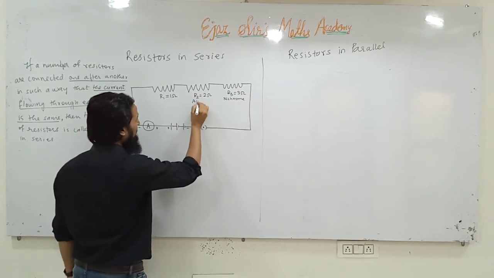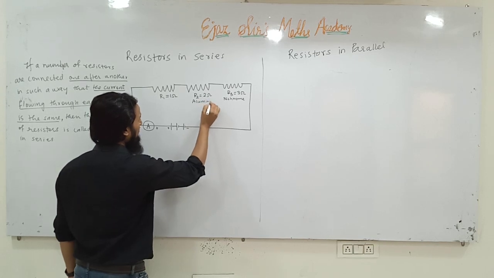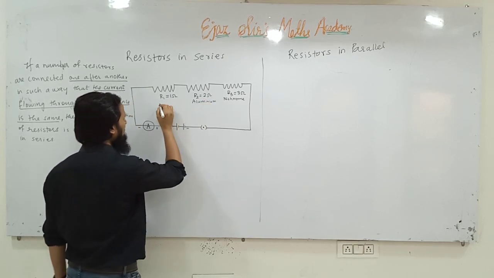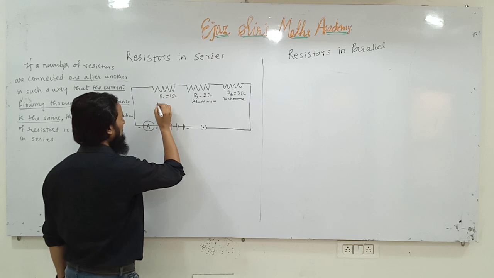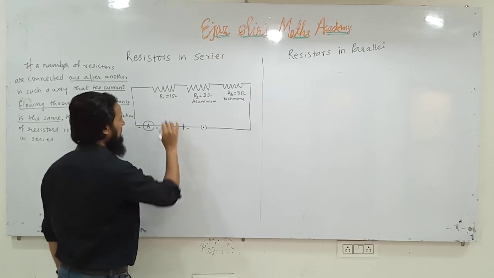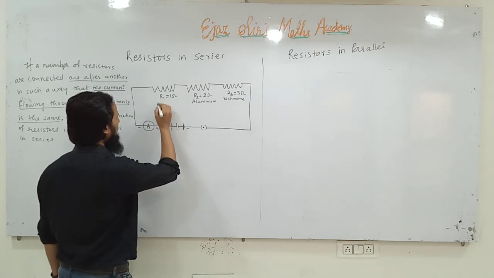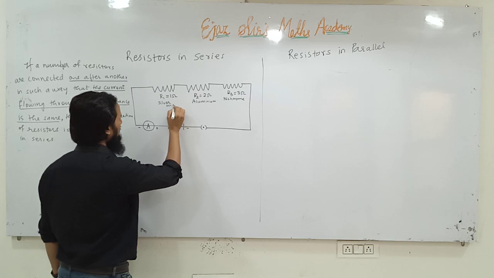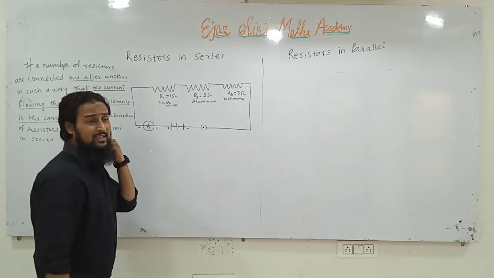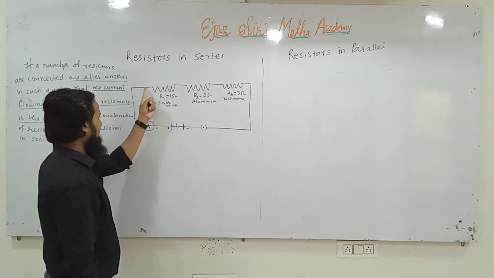This is aluminium wire having more resistance than copper, and this is copper, here silver wire. We have to neglect the resistance of these connecting wires.